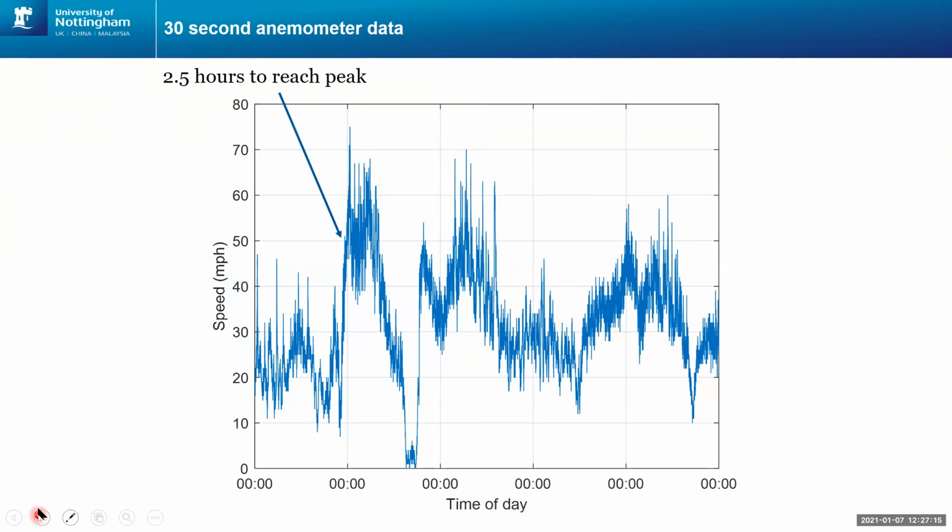This is some anemometer data. We didn't have the sonic anemometers in place at that time, so we were relying on the bridge master for this wind record. And we can see a very rapid increase in wind speed and a sudden sharp spike just after midnight on the 9th of January.